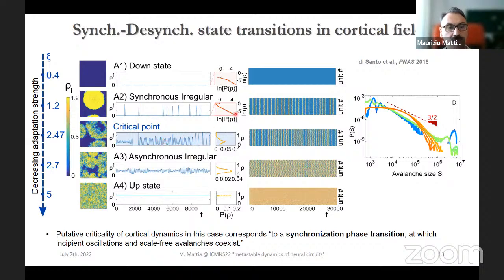In such a way you can move, when you have this field of neurons connected together, showing a silent state, burst suppression, and almost regular up and down slow oscillation in this case. When you approach the critical point, the border between the yellow and the white areas, you start to see some long upstates, and the intervals between upstates are more irregular. Of course, when you cross this border, you start to see the asynchronous irregular state, which is the one associated with the awake state leading to consciousness.